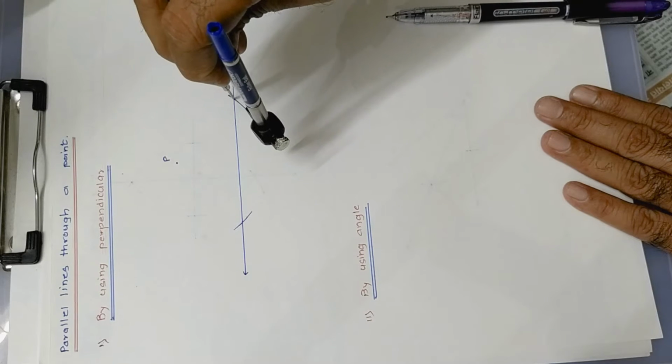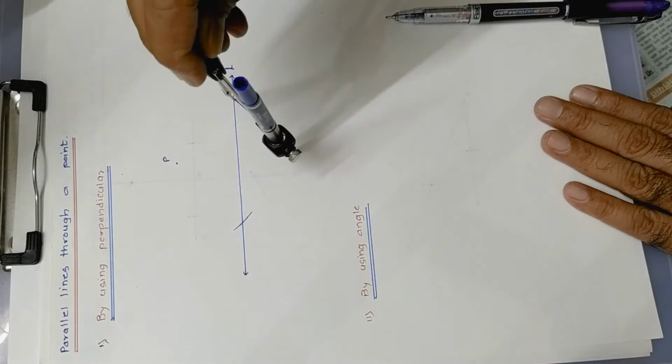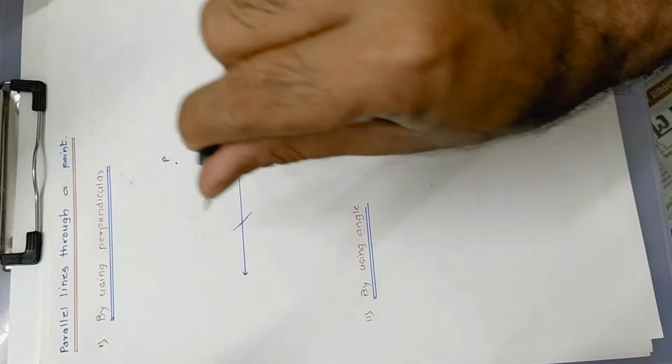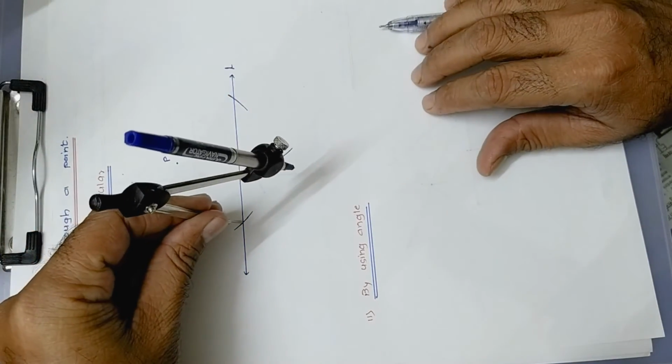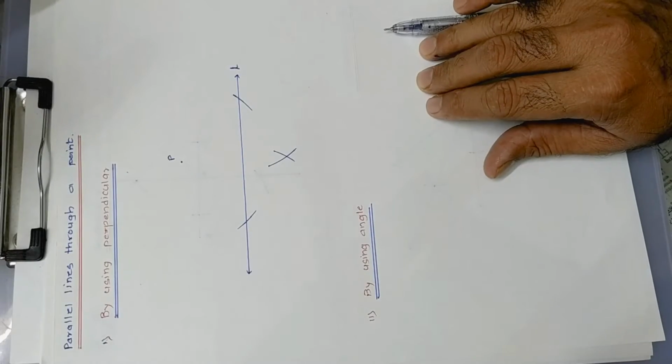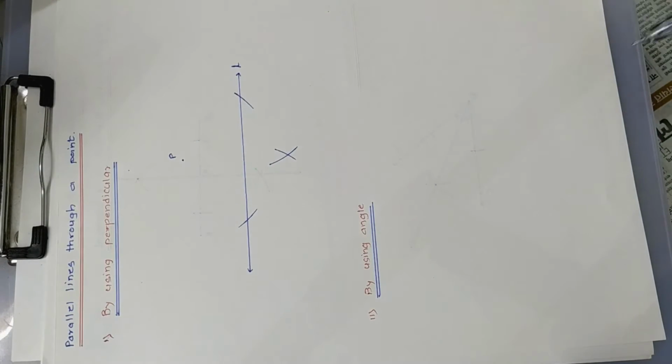If you want, you can increase the distance a bit and draw one arc here, change the position and draw another arc from here and intersect it. So here you got the intersected point.